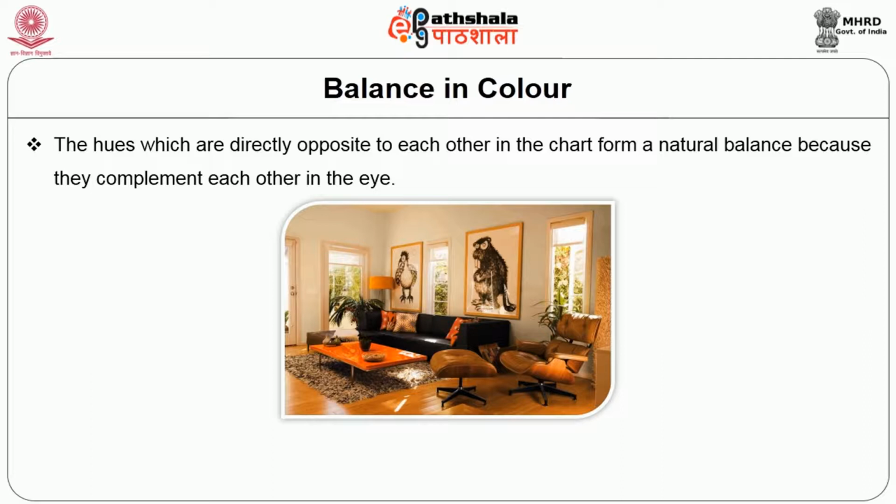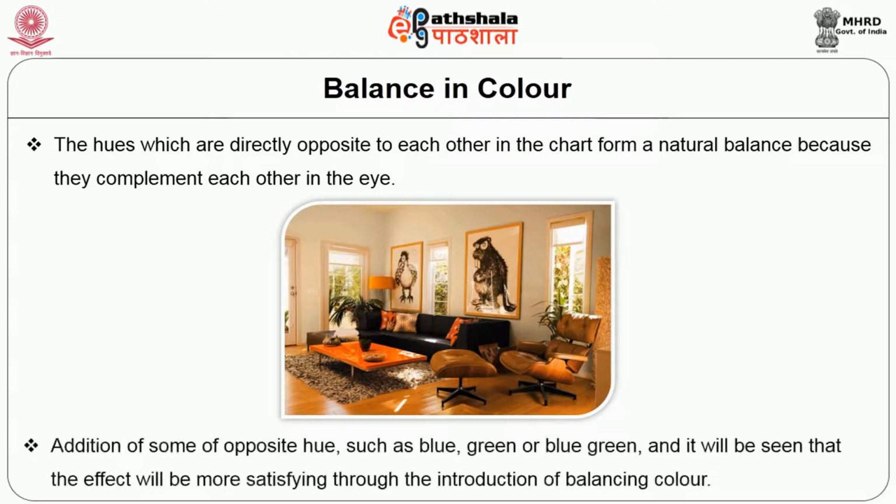Unless there is a cleverly balanced distribution of light and dark areas, the room might become monotonous. Addition of some of the opposite hue such as blue, green or blue-green, and it will be seen that the effect will be more satisfying through the introduction of balancing color.